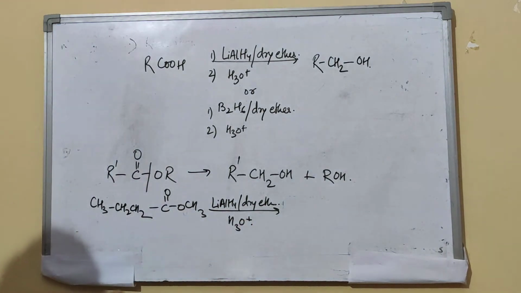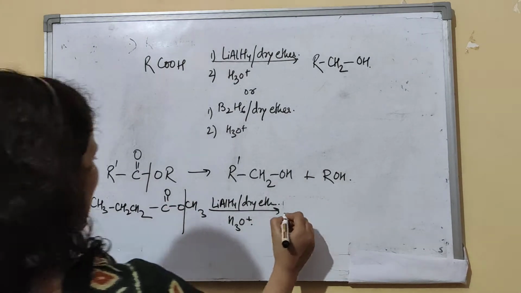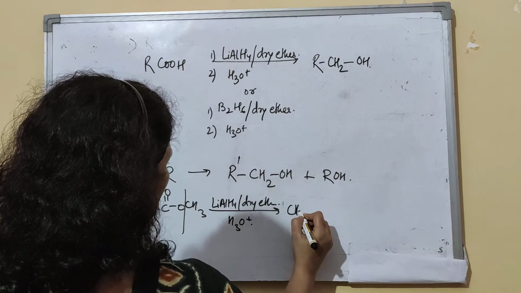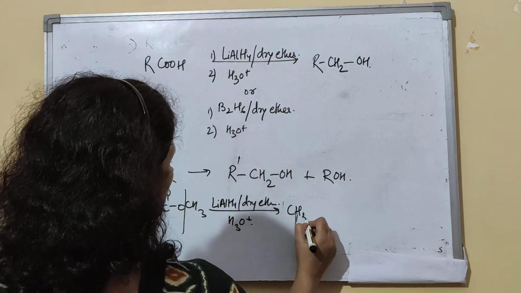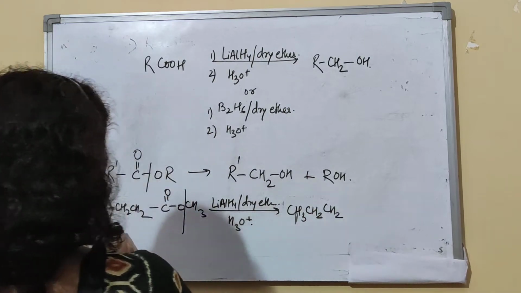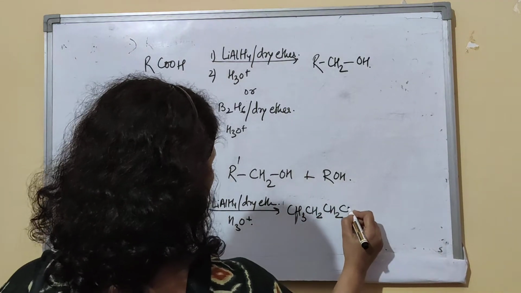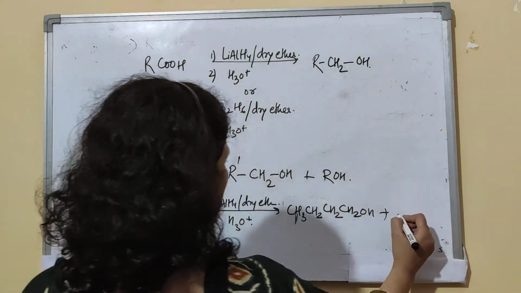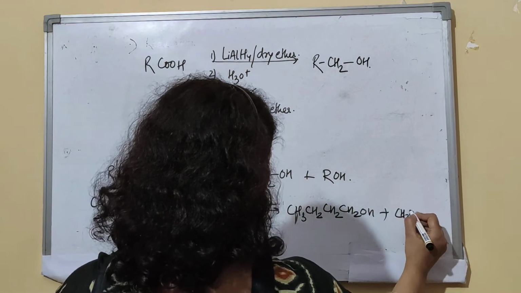So what will happen? You will get CH3CH2CH2CH2OH plus this alcohol, that is methyl alcohol.